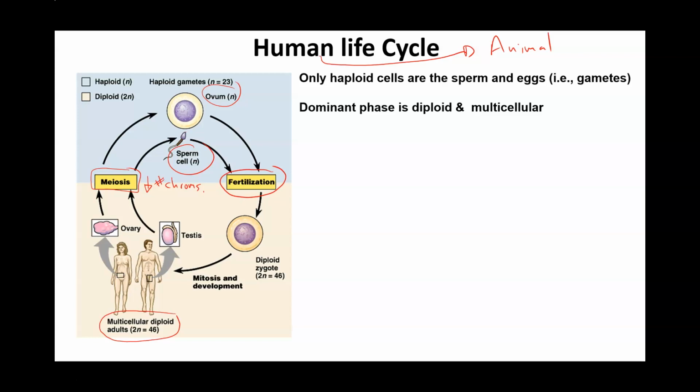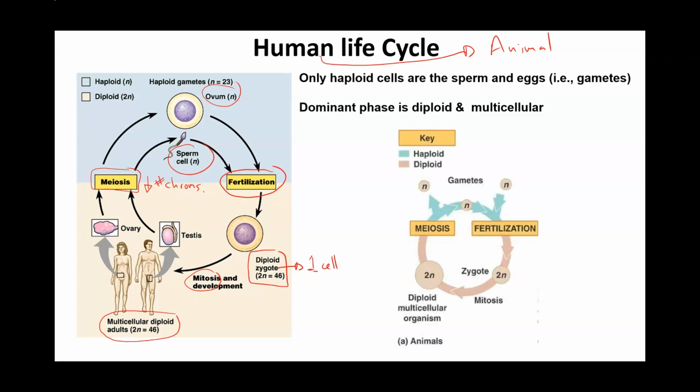And that single diploid cell is known as a zygote. And so a zygote, by definition, is only 1 cell. As soon as that zygote divides by mitosis, it's no longer a zygote. You have an early embryo. And then that will develop into a diploid multicellular organism.